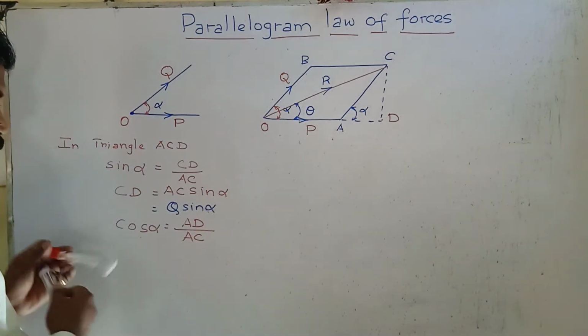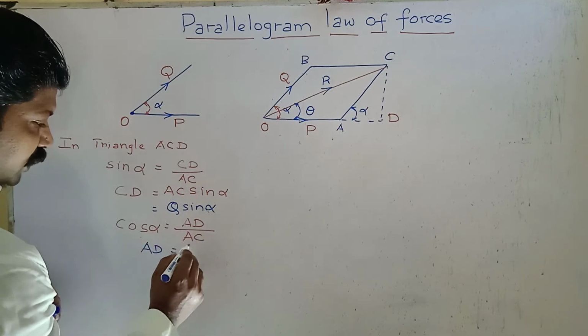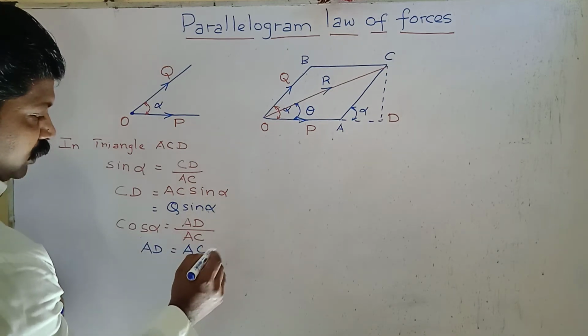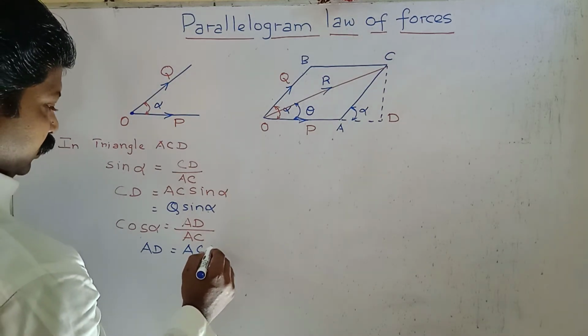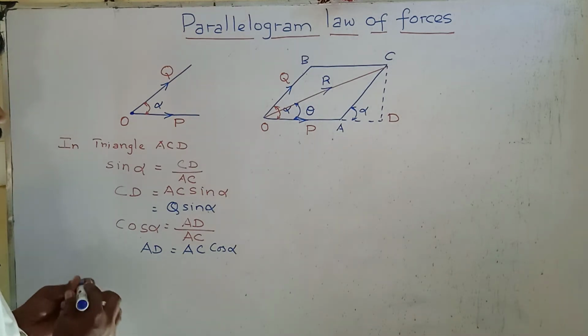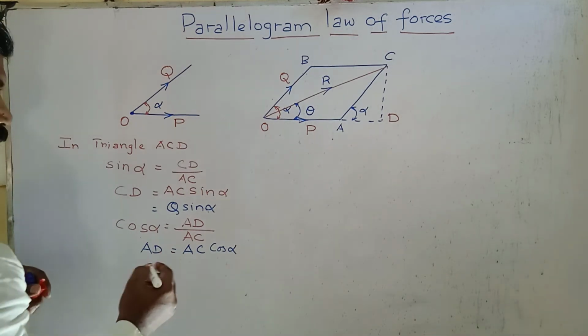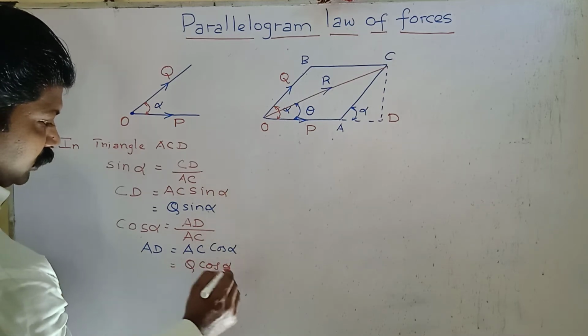So AD equals AC cos alpha. So AD equals Q cos alpha.